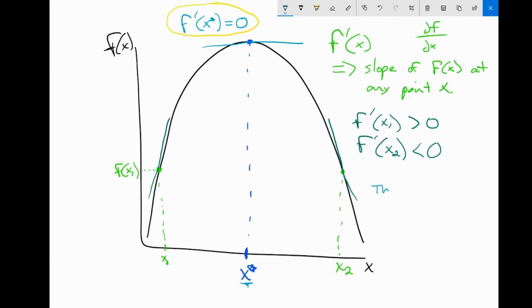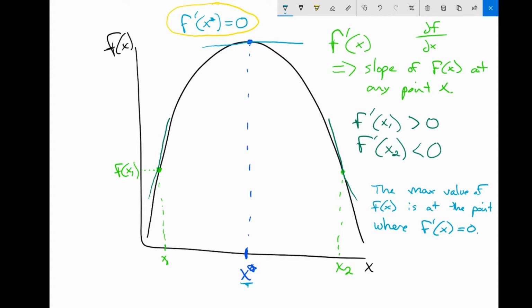The max value of f of x is at the point where f prime of x is equal to 0.